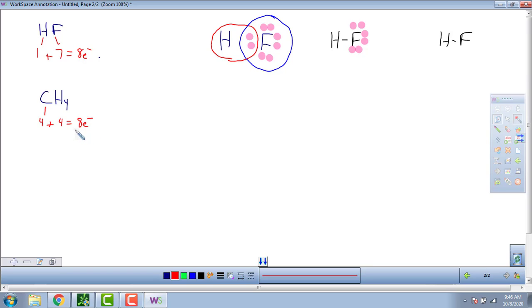You'll come to realize that a lot of the time we have the same multiples for our electrons. Most of the time the first element listed will be your central atom. That has to be the case anyway because carbon wants 8, so we have 8 to give, just like before.